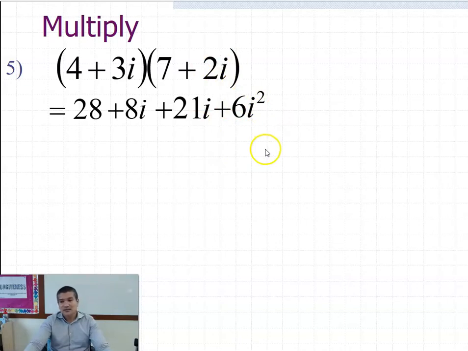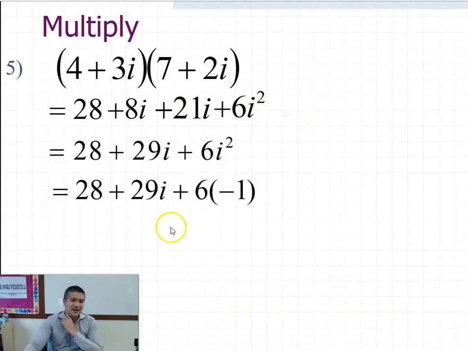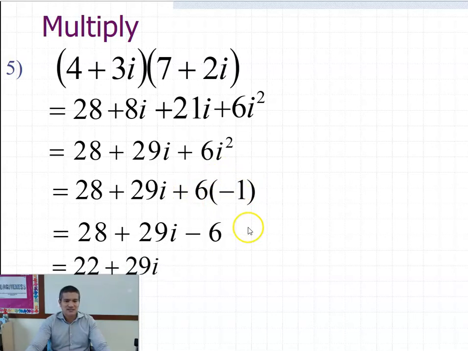Simplify. Like terms that have the same variable, we can add both of them, right? And then i squared as well, we can simplify as negative 1. So therefore, you will have now 28 plus 29i plus 6 times negative 1. So therefore, we get here negative 6. That will give us 28 minus 6 is 22 plus 29i.